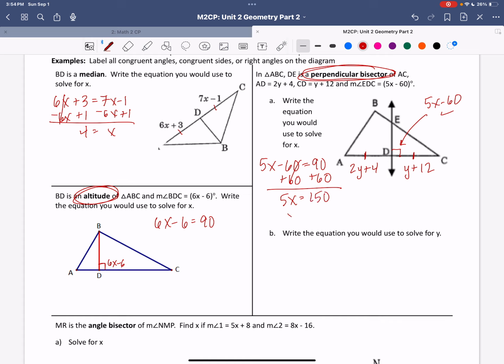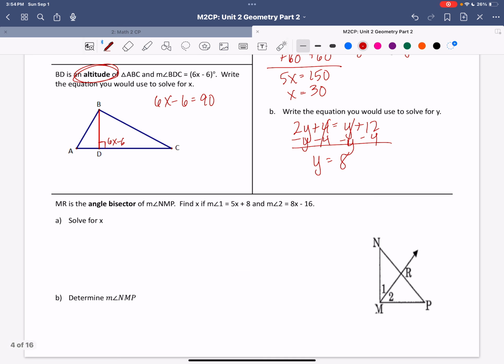Divide by 5. All right, now that we know that, now we can figure out the equation for y. So these are both equal. So you're going to write 2y plus 4 equals y plus 12. And if you did this correctly, y should equal 8. So that cancels, that cancels. There you go.